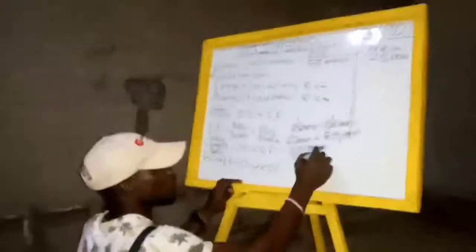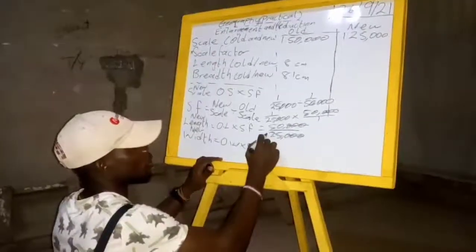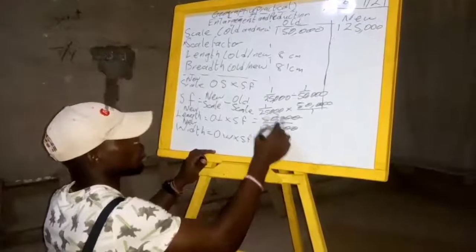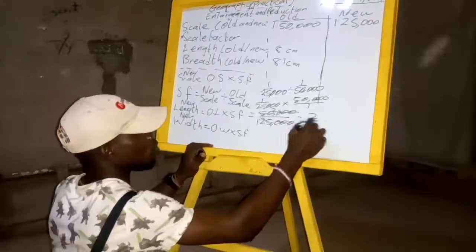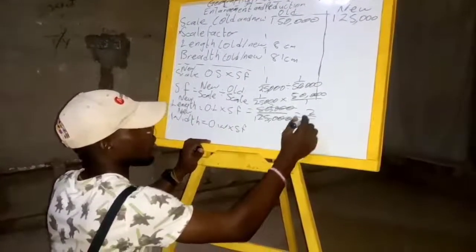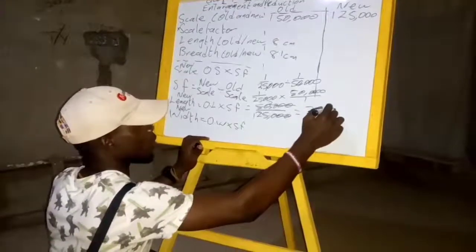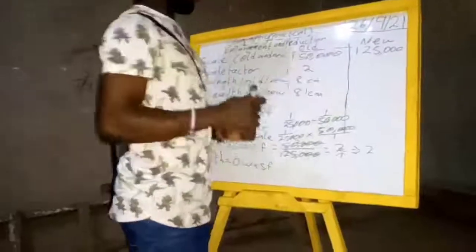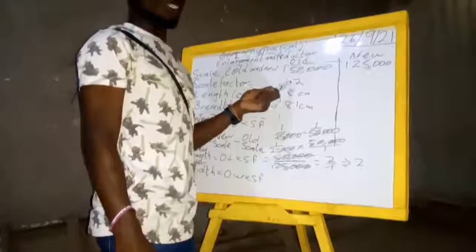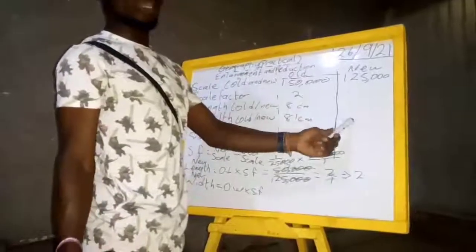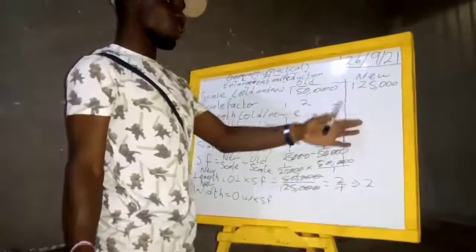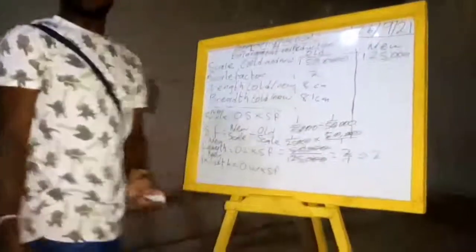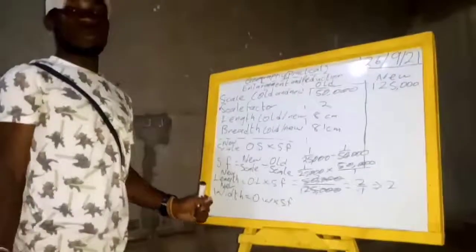So 3 zeros go here, 25 goes into itself, 1 goes here, 2, giving us 2/1, which is 2. So that means that the new scale factor is 2. Having found the scale factor, then we multiply to get our new dimensions and then we draw them in our book. Very, very simple. Thank you.